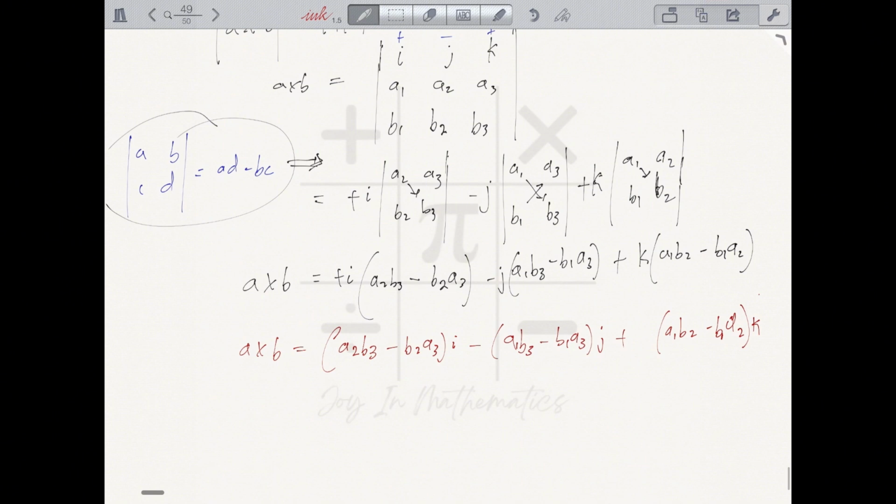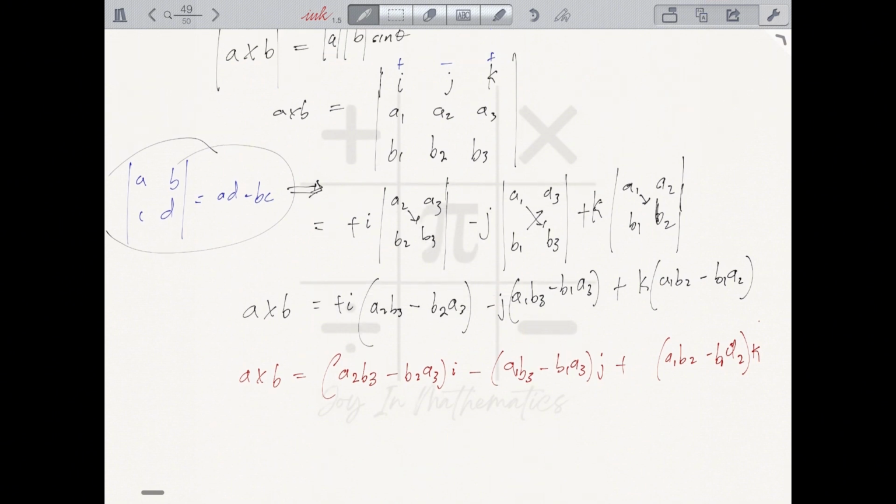This is an expression for A cross B, and the modulus of this is also modulus of A, modulus of B, sine of the angle between them.